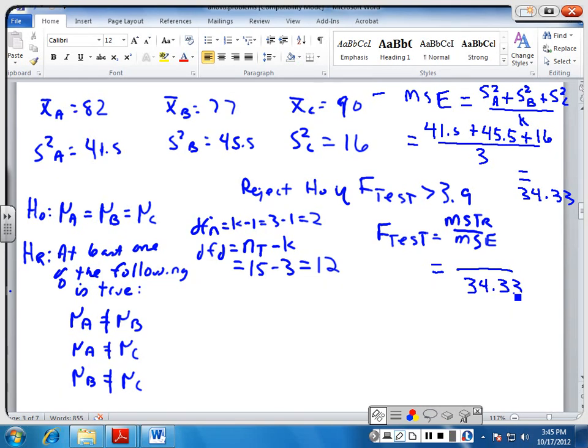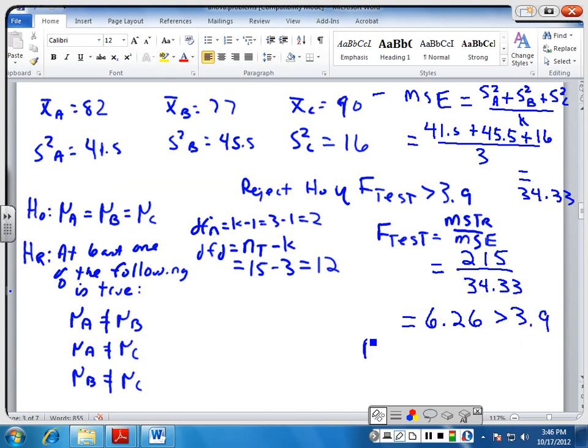I'm going to tell you what MSTR is, finish this part, clear the ink, and then I'll do the calculation of MSTR. For right now, let me just say MSTR is going to come out to be 215, and when we get that, we will get 6.26, which is greater than 3.9.